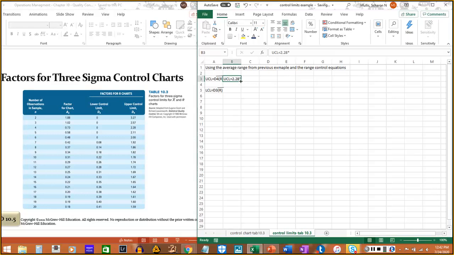So we multiply that times 0.046, and that equals 0.105 minutes, based off of the average range and the factors for the R chart in table 10.3, and we have 0 minutes as the lower control limit. You will have to know that for your quiz.